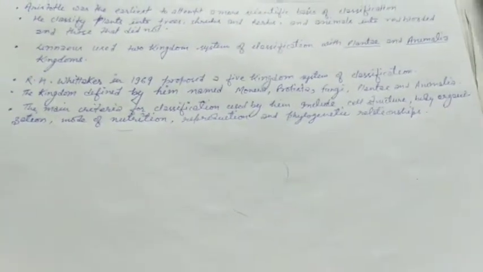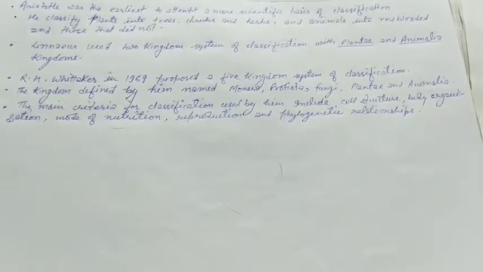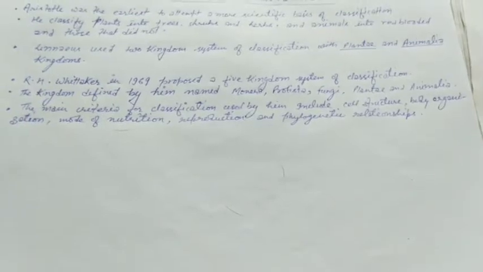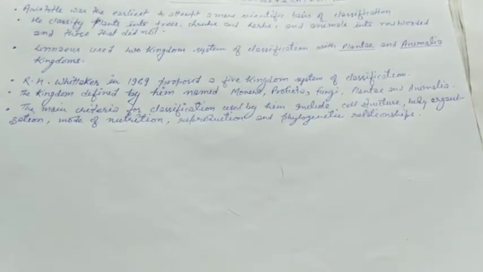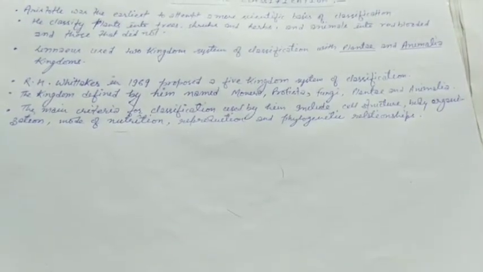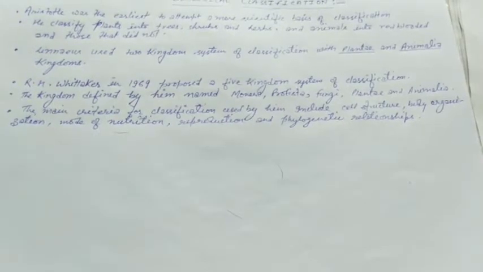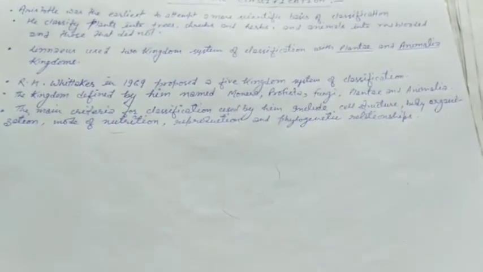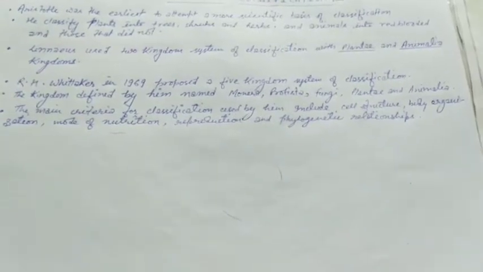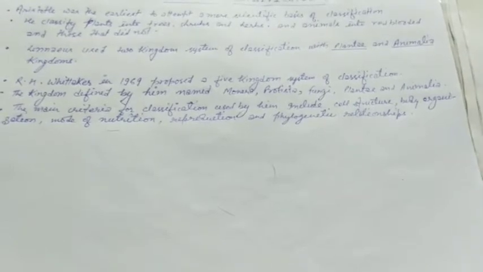In the last lecture, we talked about some of the taxonomic aids like keys, zoological parks, botanical gardens, museums, etc. in the first chapter, the living world. So from today, we'll be starting the second chapter, biological classification.